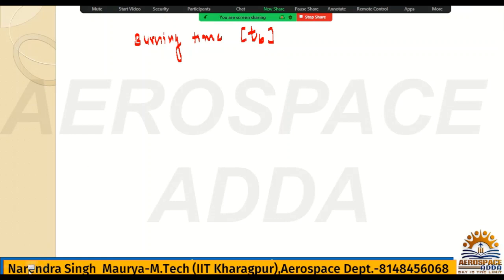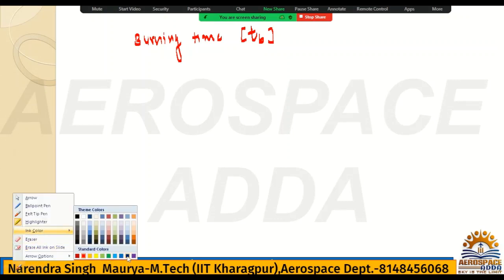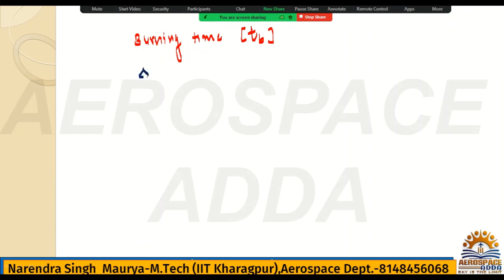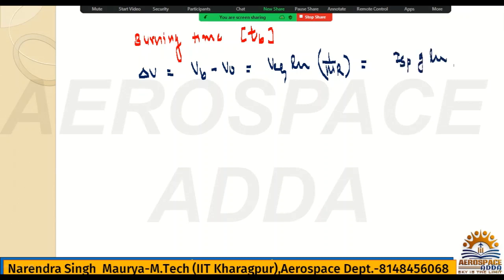You know this formula we have used: delta V is equal to burning velocity minus initial, which is nothing but V equivalent ln 1 by mr, equal to ISP G ln 1 upon mr, and mr is nothing but final by initial, so I can write initial by final, meaning m naught by mf.